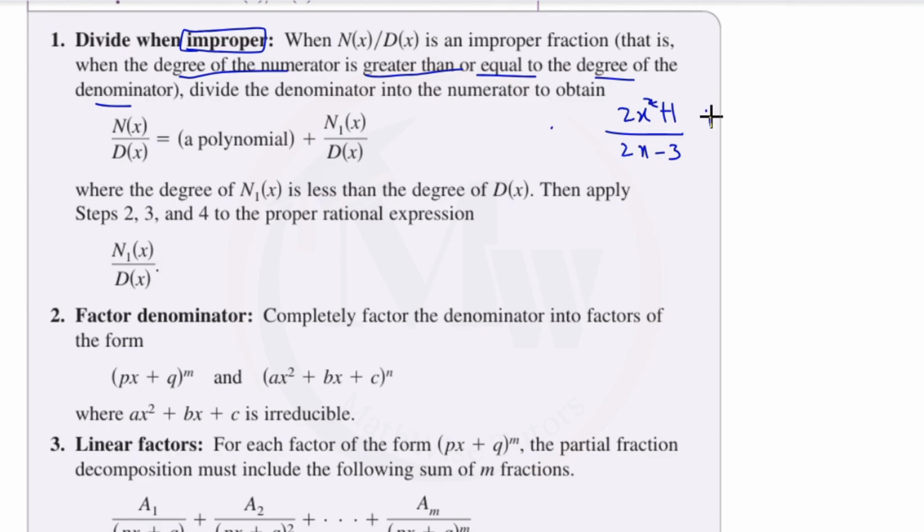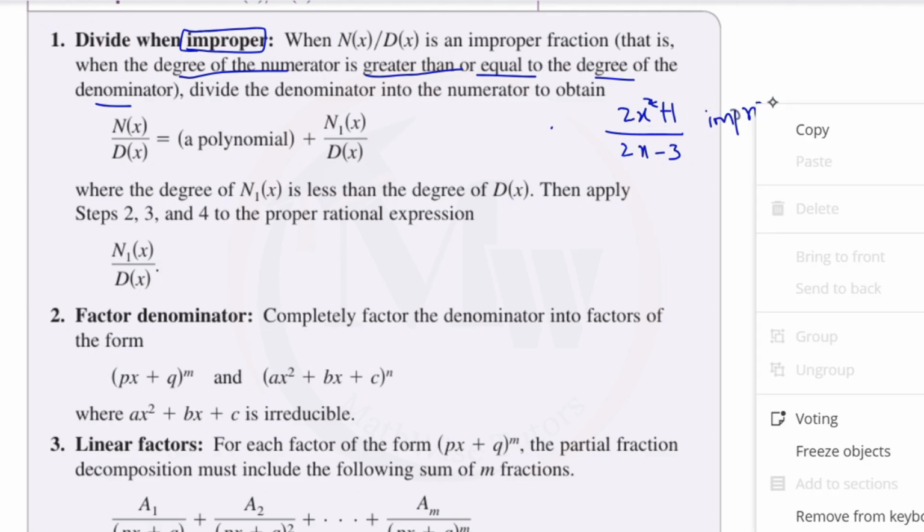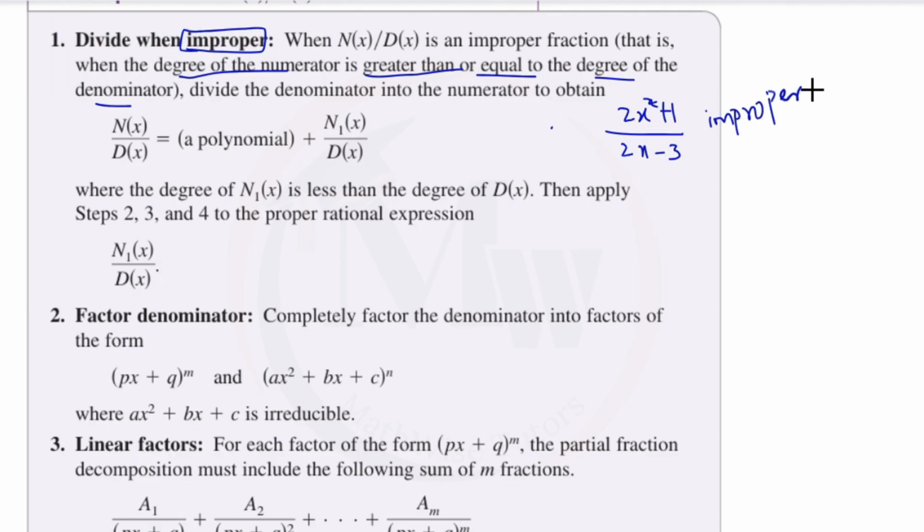So this is an improper fraction. If you have an improper fraction, we don't directly decompose it into smaller fractions. First, we have to divide. Once we divide, we'll get a quotient plus a fraction. Now this fraction will be a proper fraction. And after that, we have to do the same thing that I explained above.